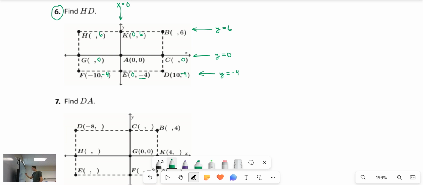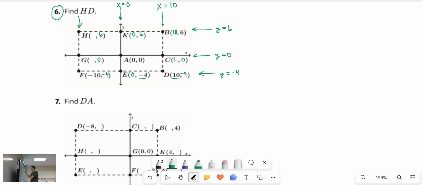And what's still missing? Oh, we need our verticals. We've got to look at this vertical and at this vertical. The first vertical, let's go on the right one. We know that from D down here, x must be 10 on this vertical line.